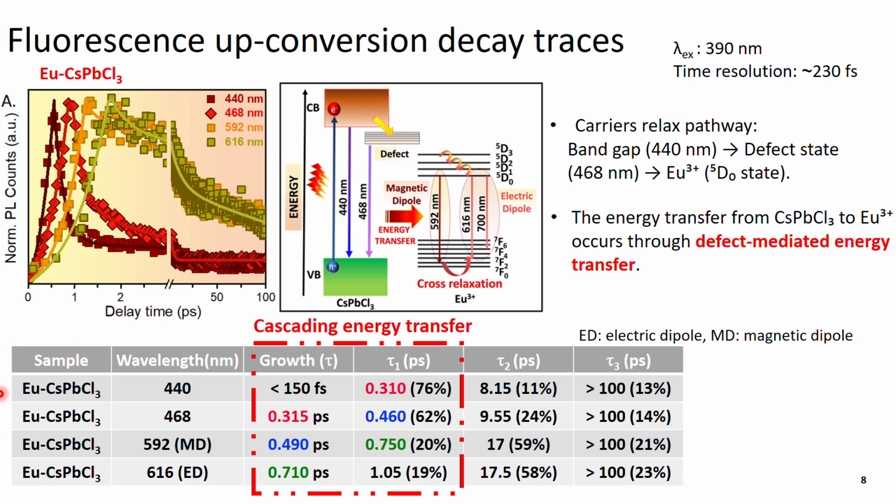In this table are the time constants of the europium-doped perovskite nanocrystal. 440 nanometers is the band gap emission peak, 468 nanometers is from the defect state emission peak, 592 nanometers is the MD transition, and 616 nanometers is the ED transition. So we can see their time constants.